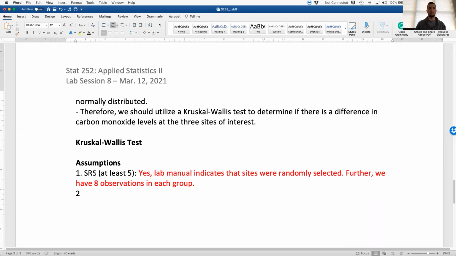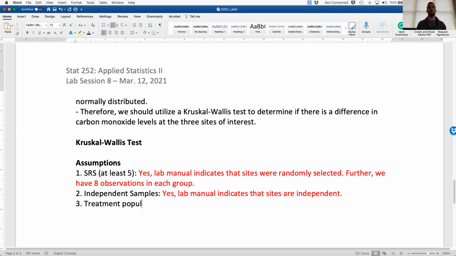Okay. The second assumption is independent samples. We can say all right, and then the third assumption is treatment populations have the same shape.